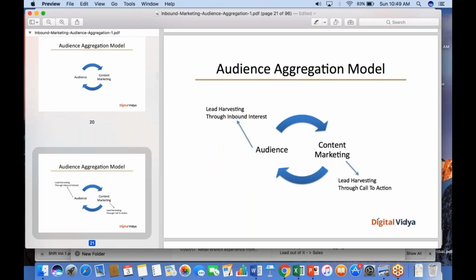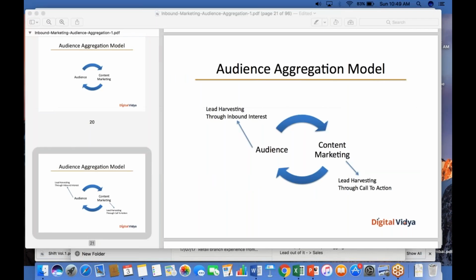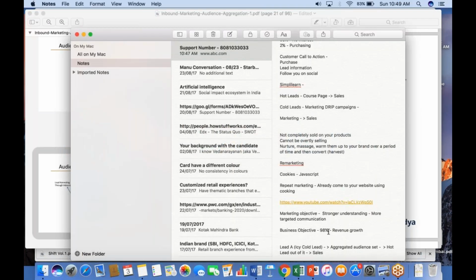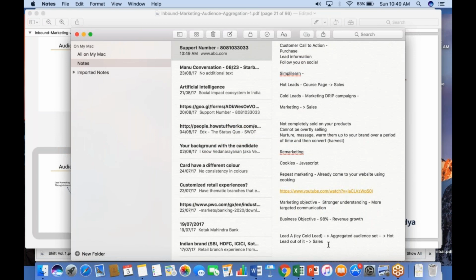So you have leads both at the beginning and at the end of audience aggregation. These are like two sides of the same coin. You have leads before audience aggregation, you have leads after audience aggregation. For example, this could be an IC cold lead. They become a part of an IC cold aggregated audience set, and they have a specific customized message plan for them. They turn probably into cold leads.